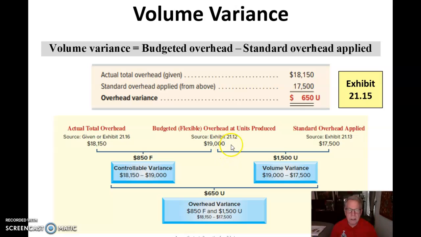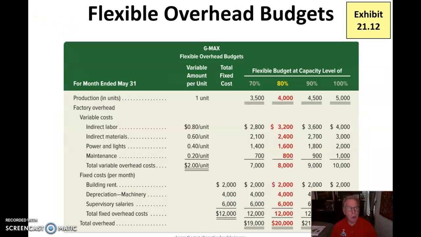And if I go back to Exhibit 21-12, I'll find that our budgeted overhead at the units we produced was 19,000. Let me go back and show you that. Coming back to Exhibit 21-12, you can see here we have the 19,000 of total overhead predicted at that volume of 3,500 units.